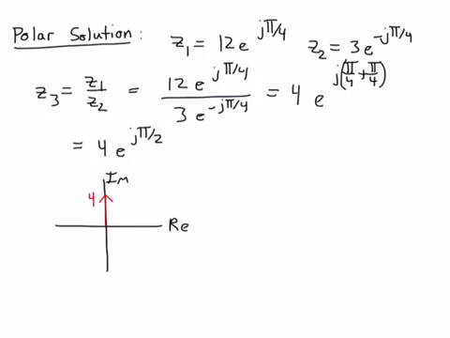So that is our answer. Z3 is equal to 4 e to the j pi over 2. That's our answer in polar form. So now let's see if we can obtain the same answer when we do the solution in Cartesian form.